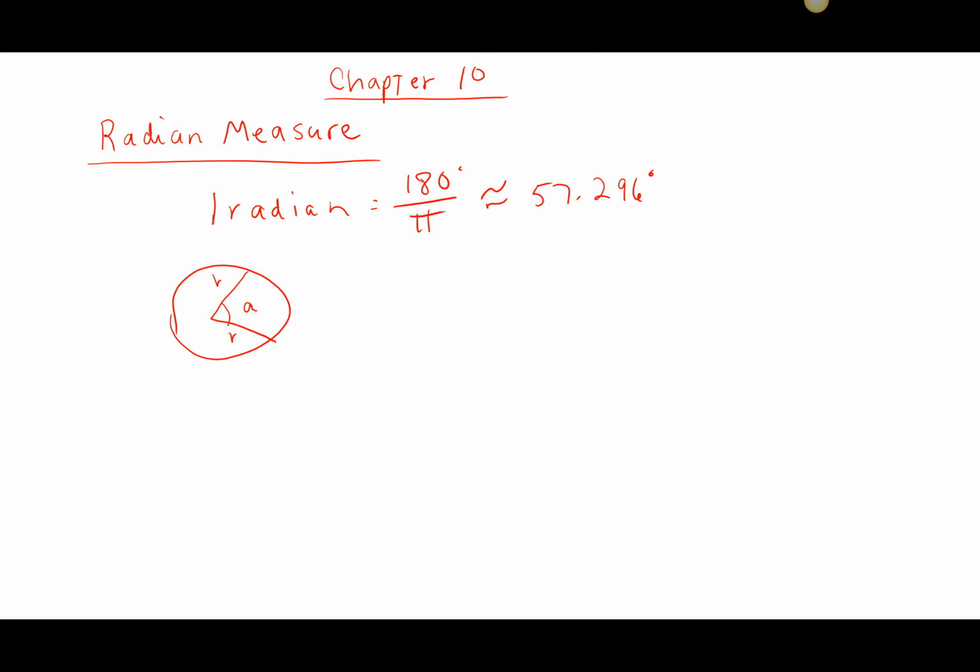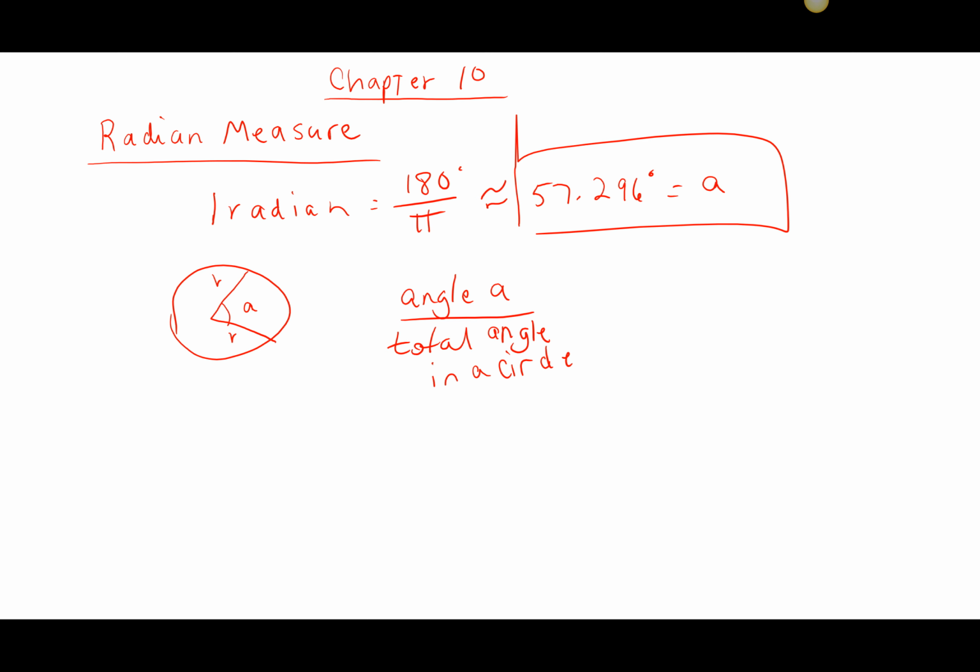Another way to look at it would be angle A divided by the total angle in a circle. And then if you talk about circumference and so forth, you can get this formula here for A. We won't get through the theory behind it, but just so you know that.